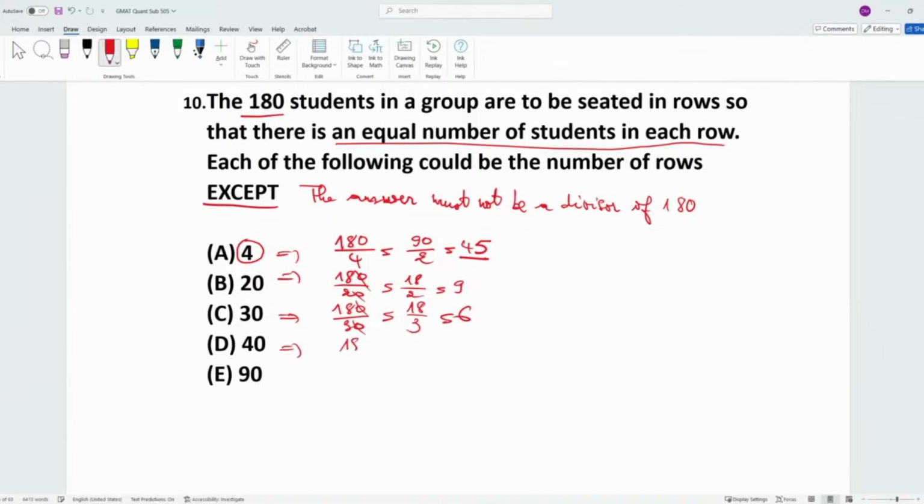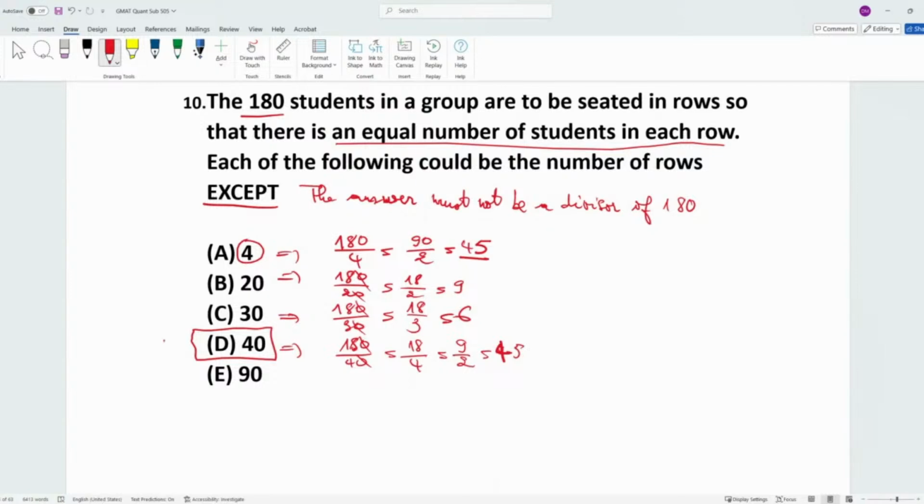Let's try 40. Then we simplify like this. We have 18 over 4. Then we have 9 over 2, which is equal to 4.5. So this is definitely our answer, because we can't have 4.5 students per row. Students are human beings, you can't have half a human being.